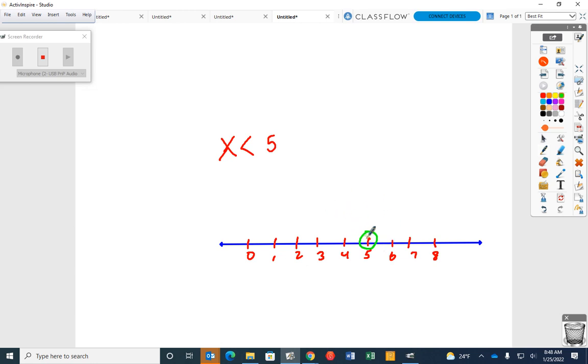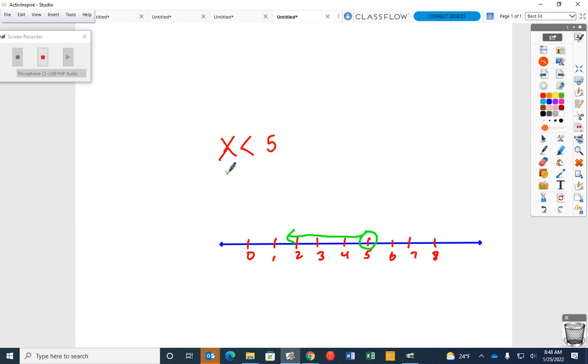So if I go this way, anything over here is going to be x is less than 5, right? If I pick a point over there, Braden, pick a point anywhere over here. 1.5. Okay, if I replace this x with 1.5, is that a true inequality? It is. Okay, so I did it right.